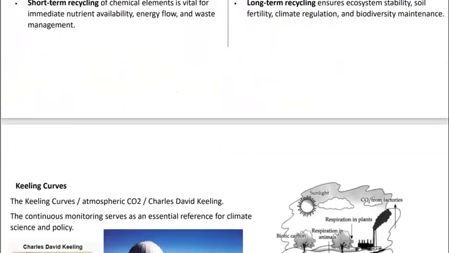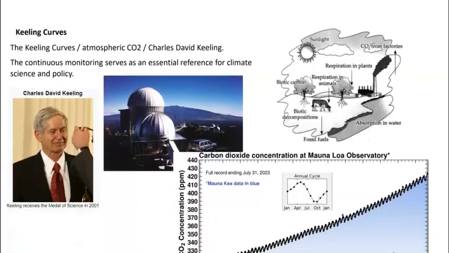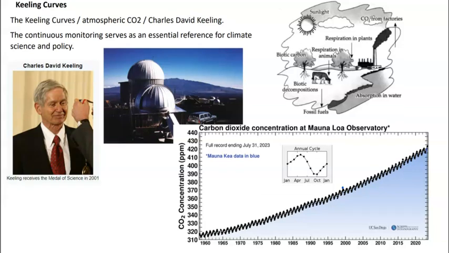Studies of atmospheric carbon dioxide levels have been carried out from the late 20th century and through into the 21st century, and most notably by Charles David Keeling, here obtaining his Medal for Science 2001, I believe from President Obama.